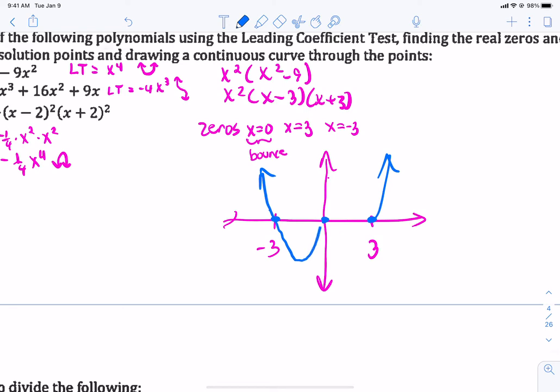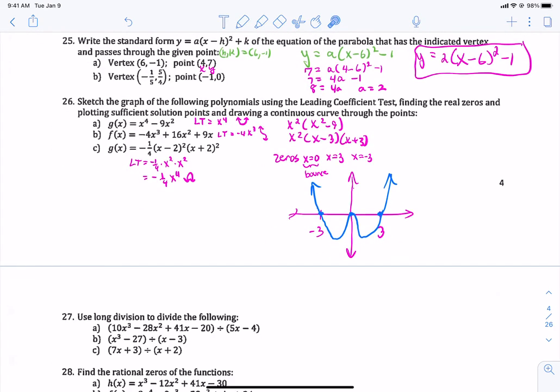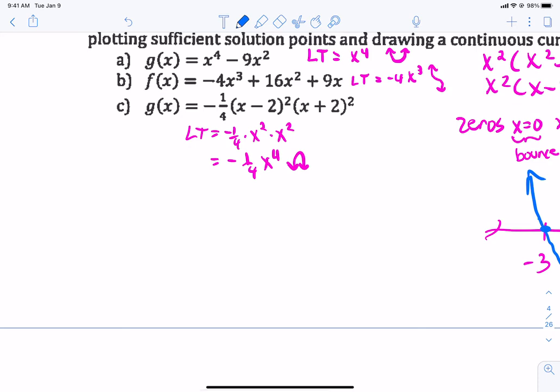We're going to come up and bounce at 0, and then we're going to slice through positive 3. So that is what our graph looks like for 26A. Now let's go to 26C. Now what's really great about 26C is they have done the factoring for us. And so because of that, we have a 0 when x equals 2 from this one. See that squared there? There's going to be a bounce.